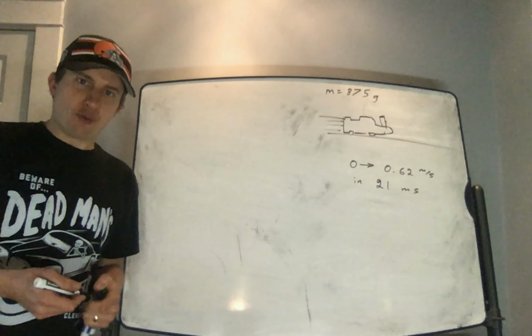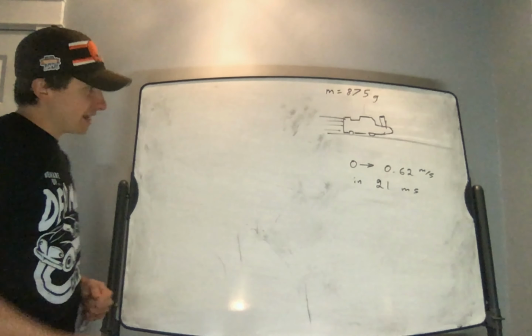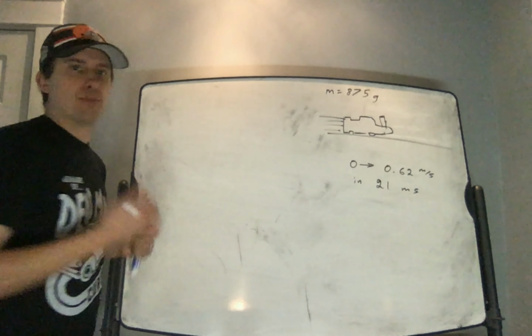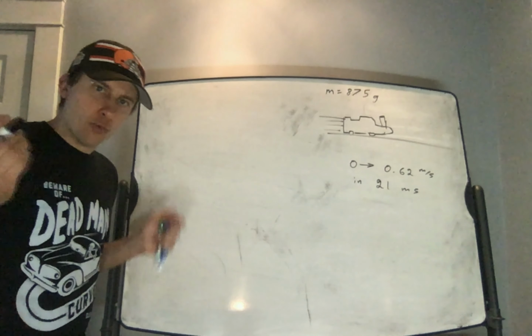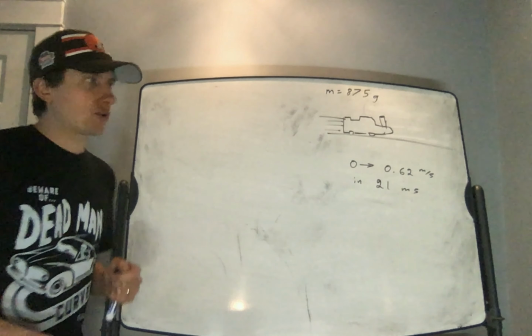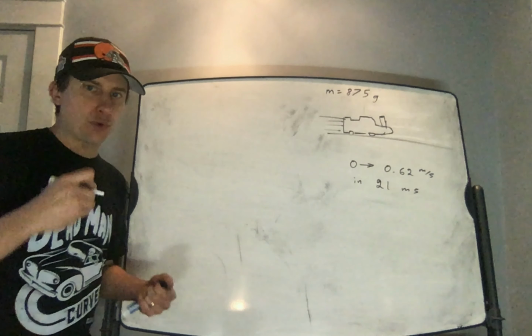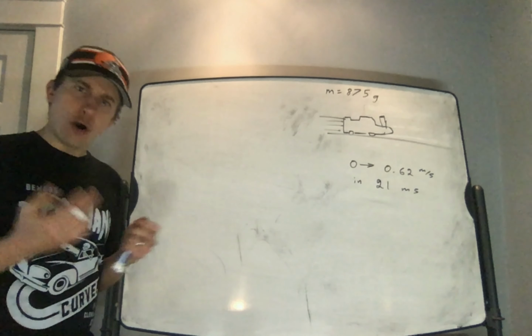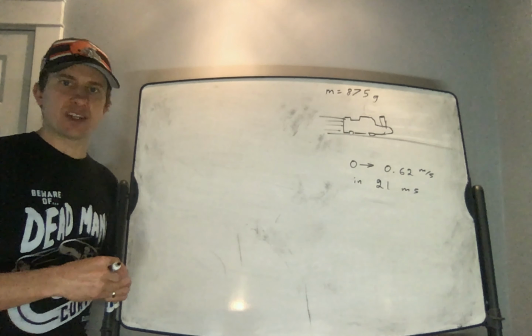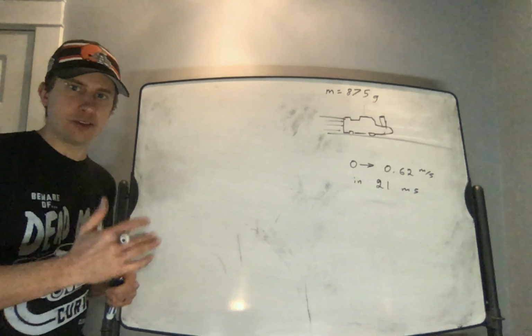In this example problem, we are told that a train accelerates from 0 to 0.62 meters per second in 21 milliseconds. We're told that the mass of this toy train is 875 grams. The first thing I'm going to do is remember that we always want to be working in units of meters, seconds, and kilograms.